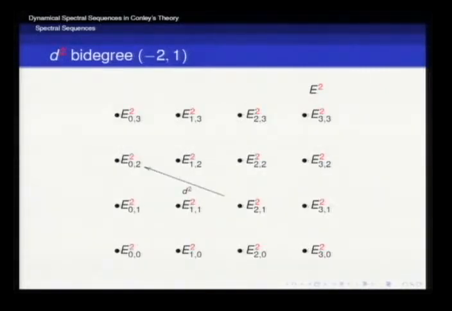That's how we see d^0. If we go to d^1, it has bidegree (-1, 0), so we go minus 1 in the x direction, 0 in the y direction. And so forth. The differentials get longer and longer as r increases.